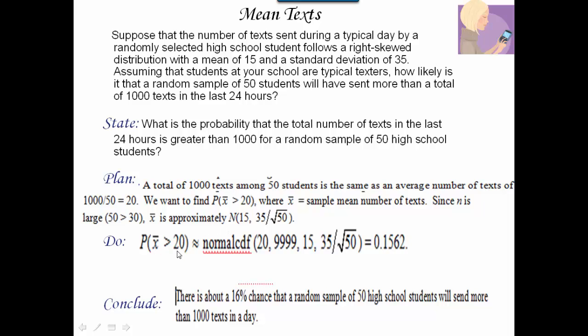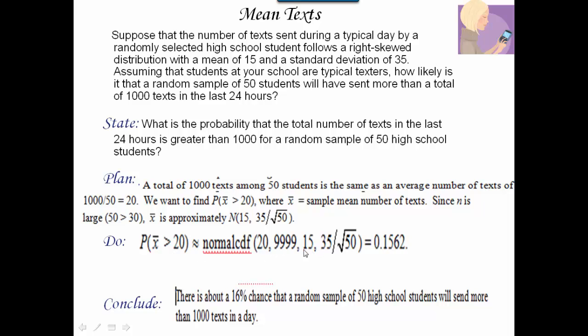The probability of x bar greater than 20: on this one, again, I use the calculator, normal CDF. You can put in 20 and then up to a certain number. Now notice here, we're going 9999 because we have over 1,000 texts. For our large number, again, just pick something large when you're doing a greater than problem.